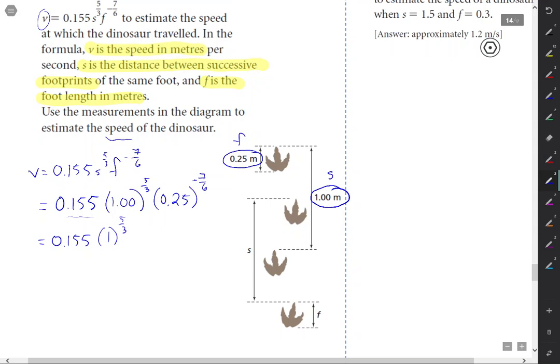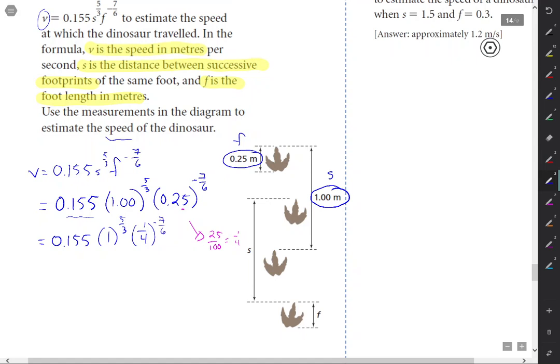And I know that 0.25 is 1/4, because that would be 25 hundredths, and if we simplify that, it's just 1/4. So I'm going to switch that into 1 over 4 to the power of negative 7 over 6.